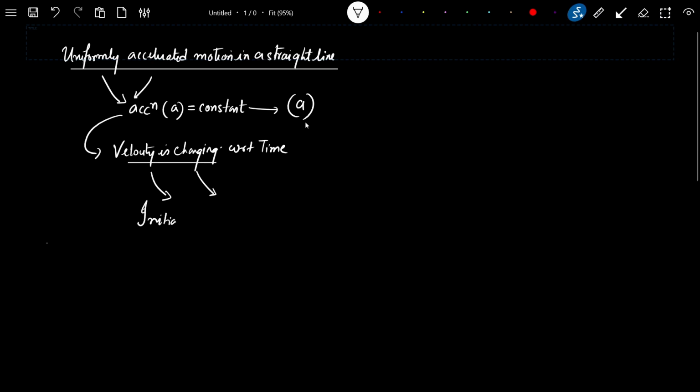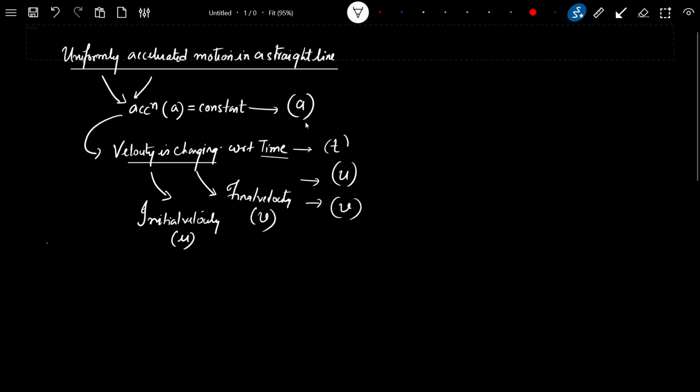One should be initial velocity and the next should be final velocity. Let me denote them. This we denote by U and this with V. So we get two more parameters from here, one being U and another one being V, and with respect to time, so time is another parameter that we study in this particular topic.